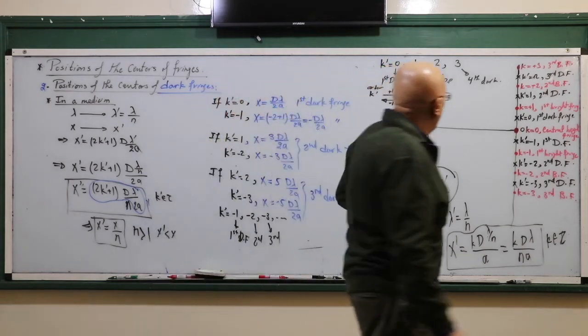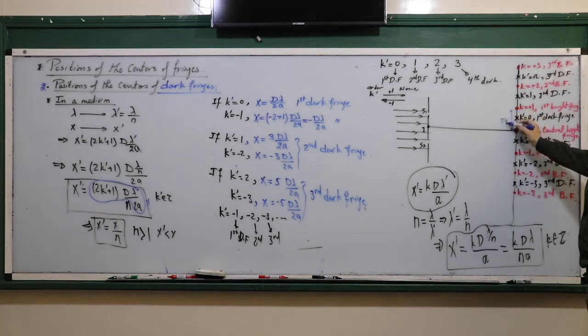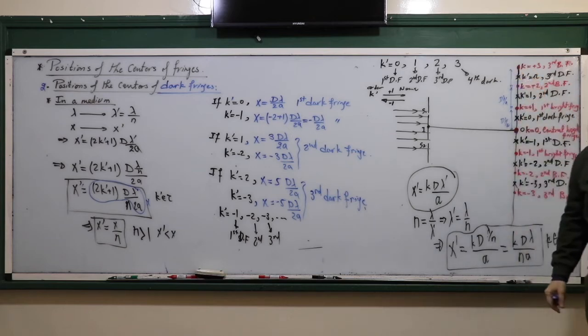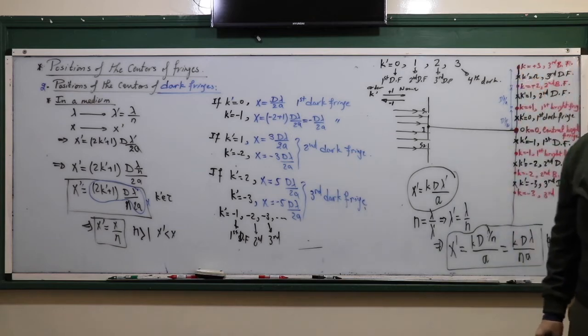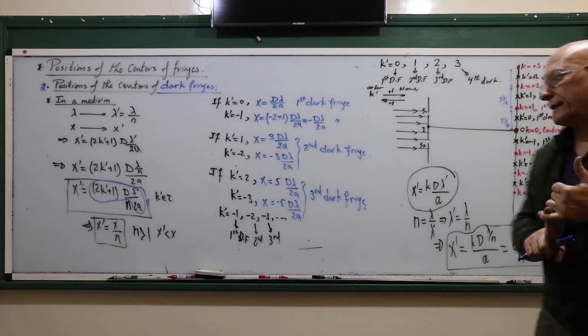First, if you look here, this distance is D lambda over a. Also, this distance is D lambda over a. What does this mean? This means that the centers of the bright fringes are equidistant. So this is the first experimental result.